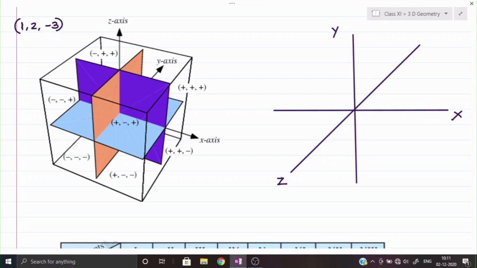Back side of the y-axis, the z-axis will be negative, and the front of the y-axis it will be positive. For example, suppose we change the name: this is the z-axis, the orange one, and this is the y-axis. If I take it the same way, actually they have taken the z-axis backside positive and in front it is negative.